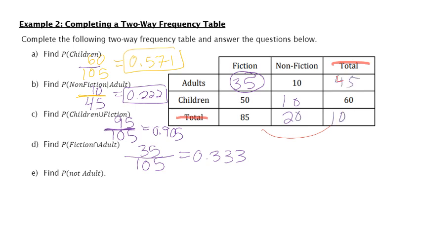And then finally, the probability that someone is not an adult. So if I look at how many adults we have, it's 45. So not an adult would basically be a child. So that'd be 60 over 105, which is 0.571.